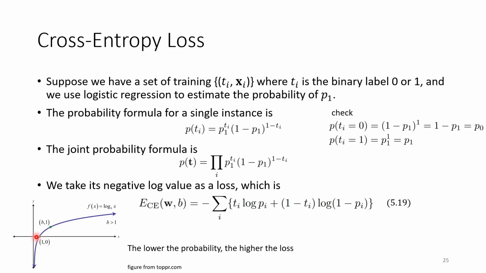All of its log values are less than 0, and the smaller the probability value, the larger the negative value. So we take the negative value as a loss. If the probability is smaller, the loss or the penalty will be higher.